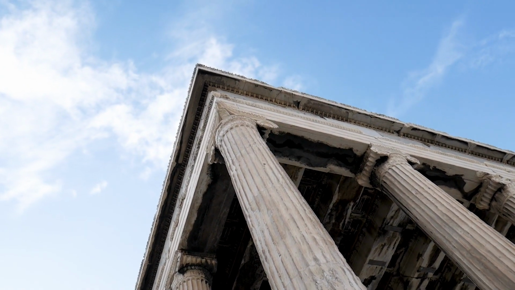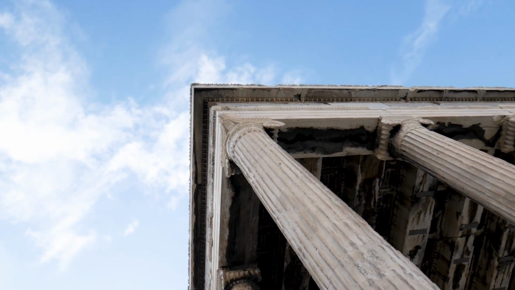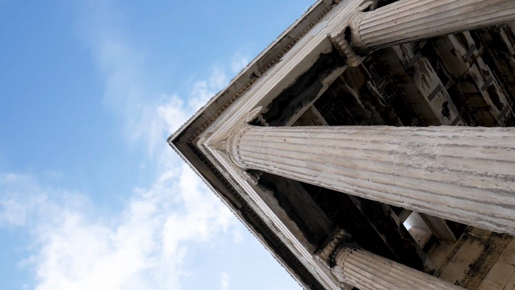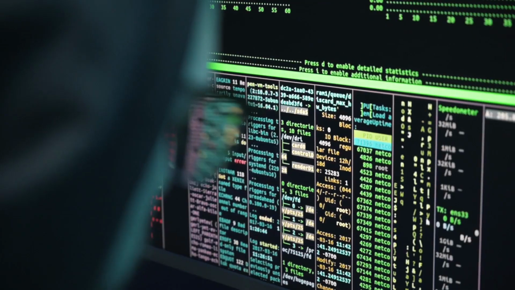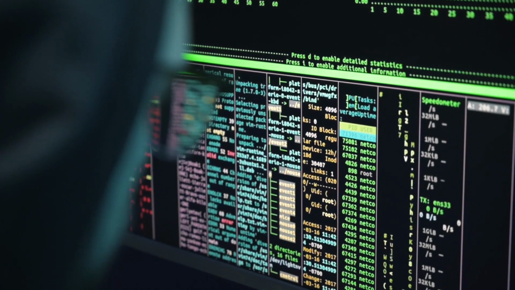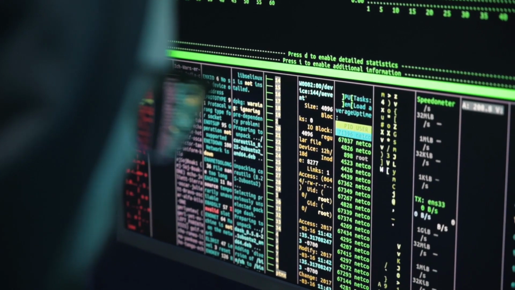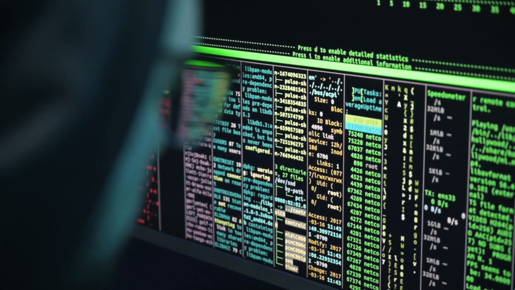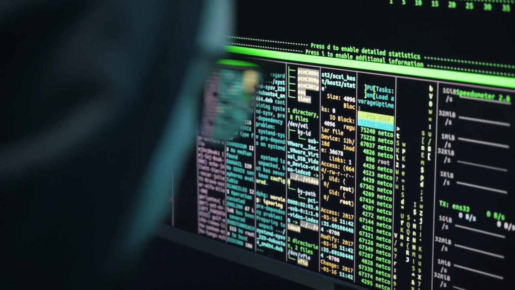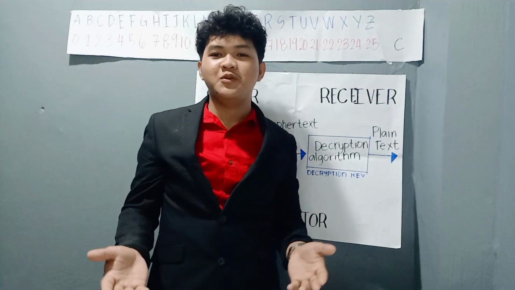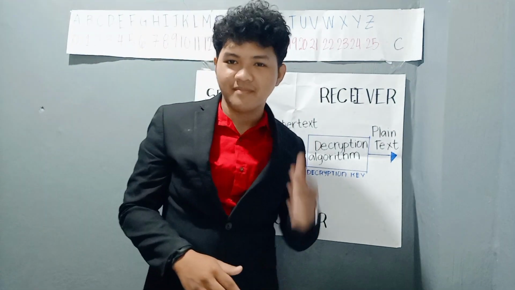In the 4th century BC, the Greek historian Herodotus wrote of an encryption device used by the Spartans to communicate military secrets. And from there, cryptography has played an essential role in every significant technological development. That is the overview of our topic, cryptography.